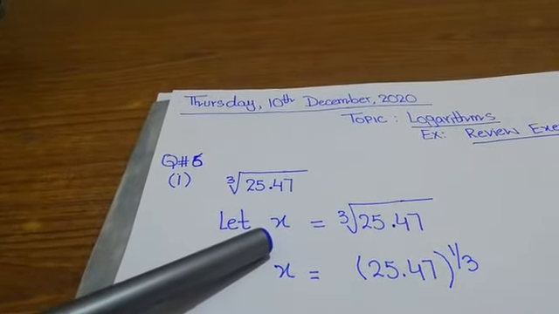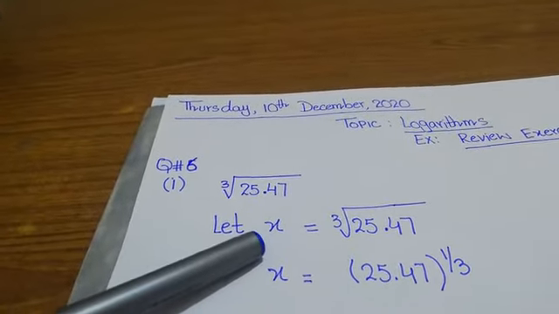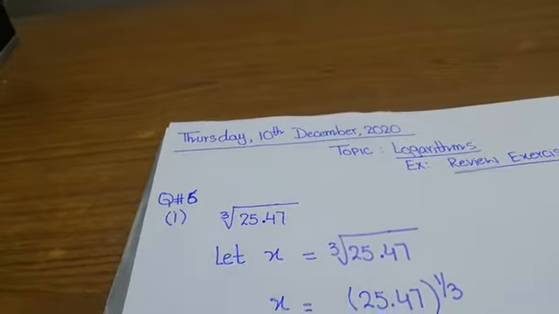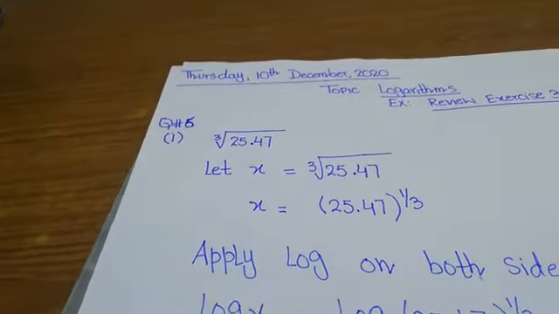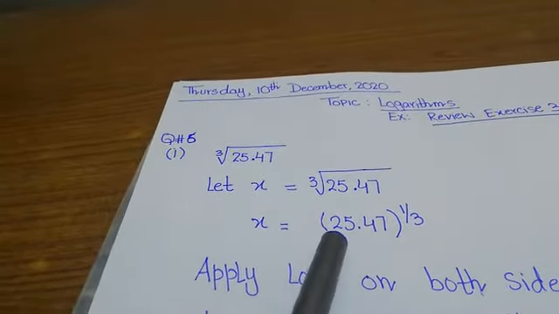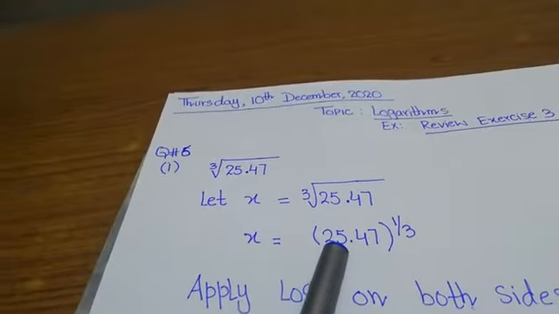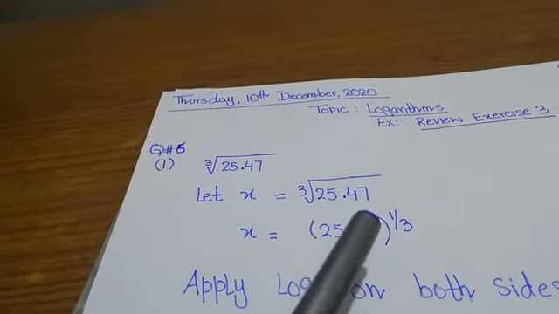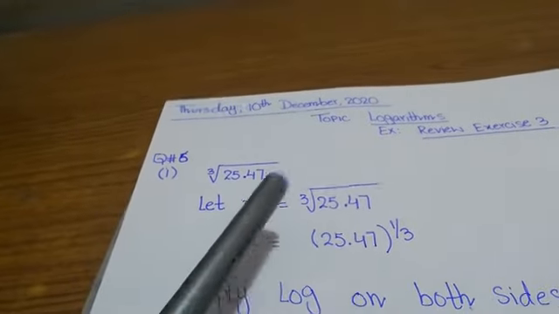Here we have the solution. The first part of question number 6. The question is cube root of 25.47. The first step of such question is to let the question as x. Here you can see I have let the question as x.